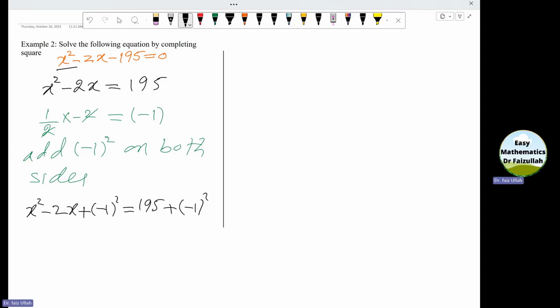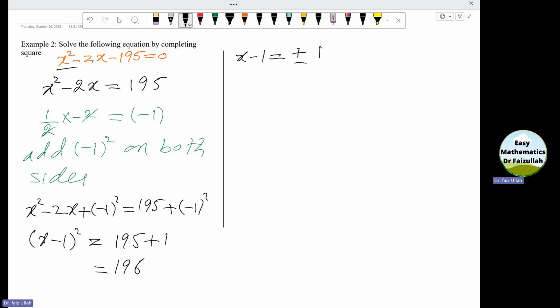From the left hand side we can see this is x minus 1 whole square. And from the right hand side we can get this is 195 plus 1, and that is equal to 196. Let us take the square root on both sides. From the left hand side we get x minus 1.